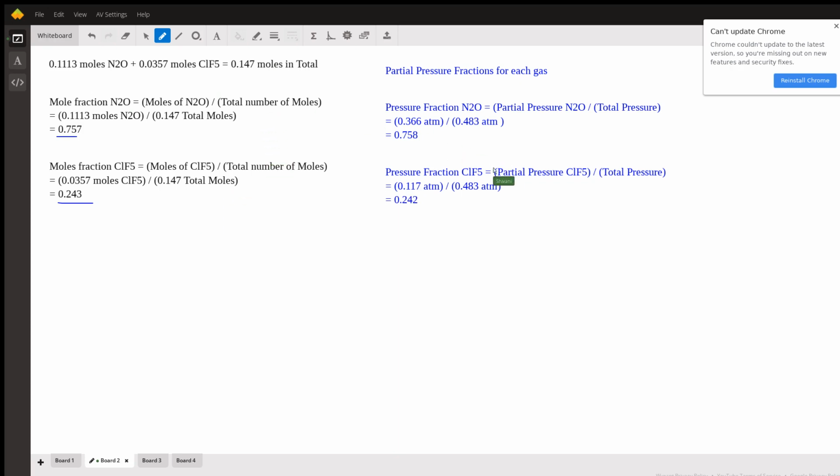So a good rule of thumb to keep in mind is that the mole fraction always equals the partial pressure fraction.